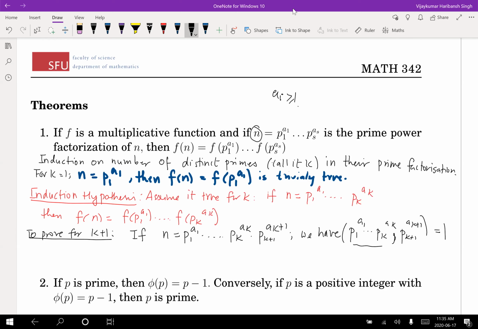So this implies, and since f is multiplicative, this gives f of p1 to the a1 ... pk to the ak times pk plus 1 to the ak plus 1.